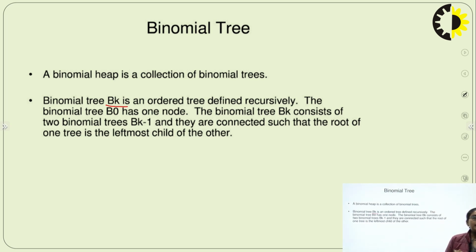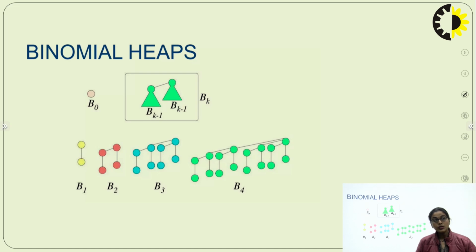The binomial tree Bk consists of two binomial trees Bk minus 1, and they are connected such that the root of one tree is the leftmost child of the other tree. Suppose this is the representation of B0. As I discussed, in B0 we have only one node. If we are making any Bk tree, then Bk has two trees of Bk minus 1.